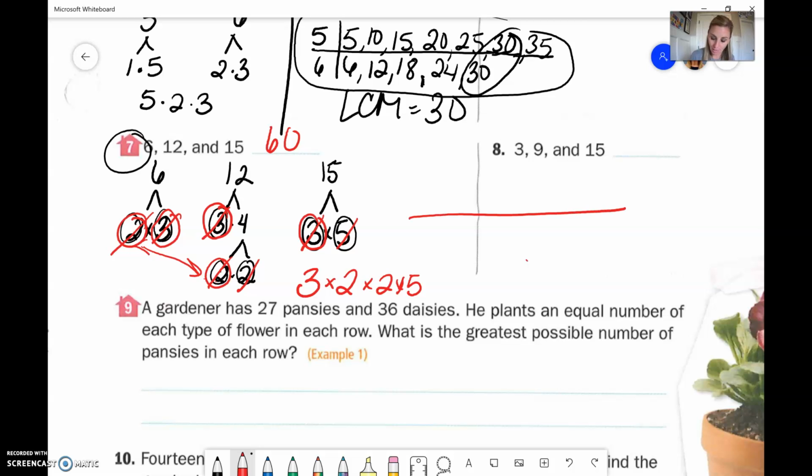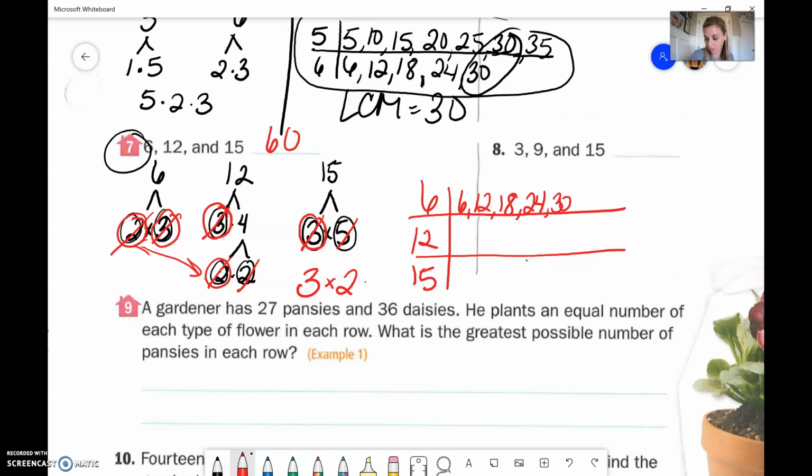So let's just double check that since Mrs. Horner made a mistake, which I make mistakes. I'm human, right? I'm going to erase this. We're going to go ahead and list the multiples. So 6, 12, 18, 24, 30, 36, 42. Do you see how this can get to be a lot?